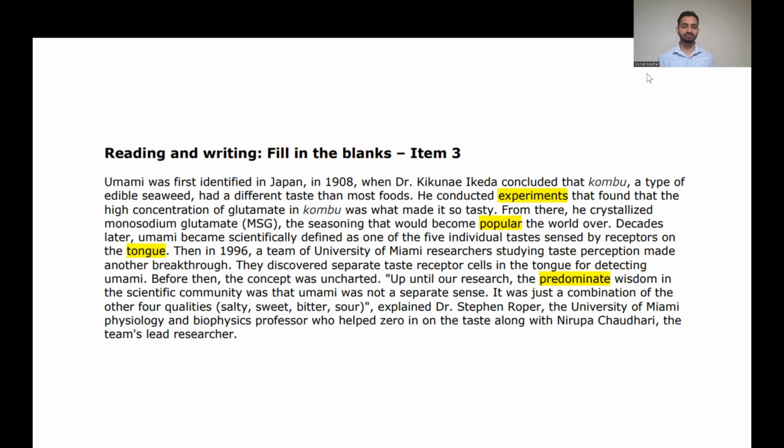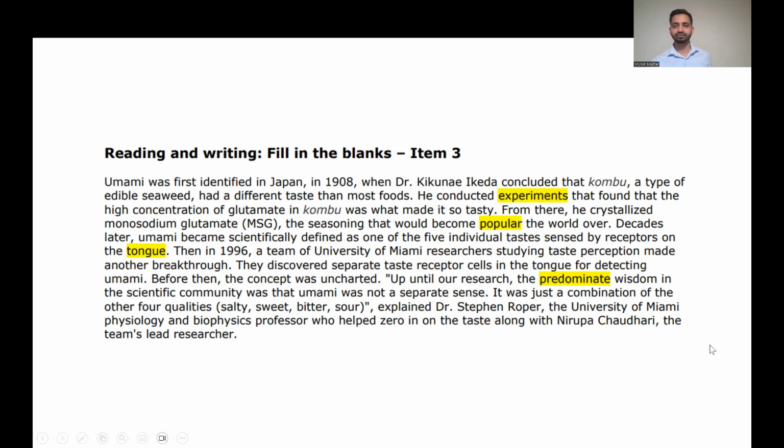They discovered separate taste receptor cells in the tongue for detecting umami. Before then, the concept was uncharted. Up until our research, the predominant wisdom in the scientific community was that umami was not a separate sense. It was just a combination of the other four qualities: salty, sweet, bitter, sour, explained Dr. Stephen Roper, the University of Miami physiology and biophysics professor who helped zero in on the taste along with Nirupa Chaudhary, the team's lead researcher.